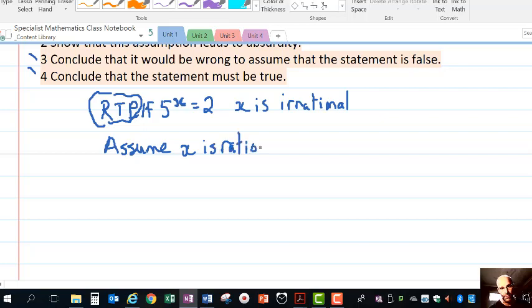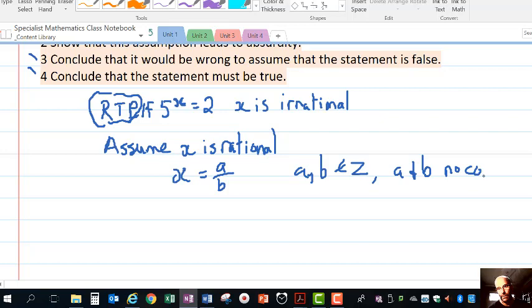This is the proof by contradiction, step 1. x would then equal integer over integer, a over b. a and b are elements of Z, with no common factors. b doesn't equal 0. Alright, so subbing that into the original equation, we've got 5 to the a over b equals 2.